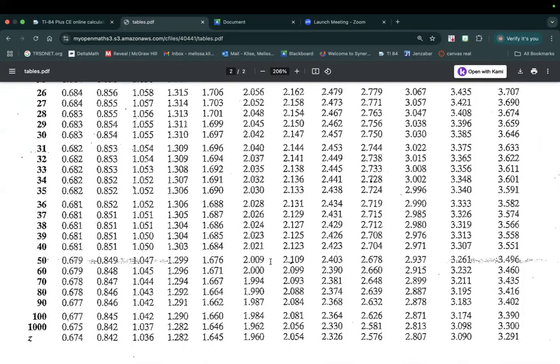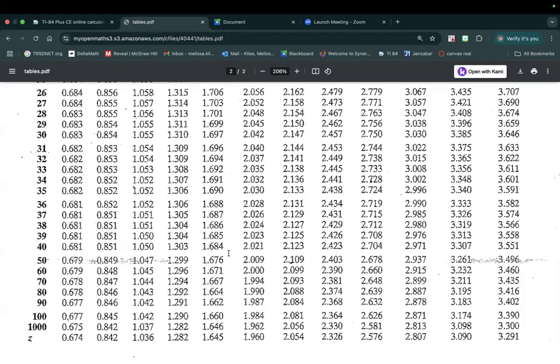Okay. So I have 40 and I have 50. So I'm going to go halfway between these two numbers. So my critical value, 2.015.